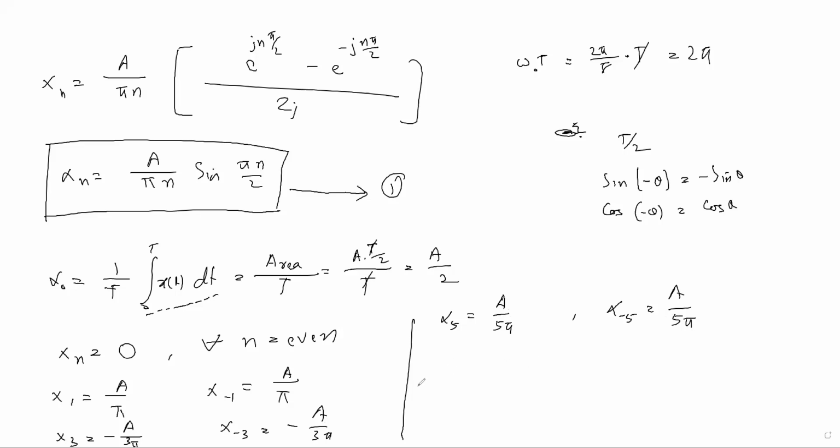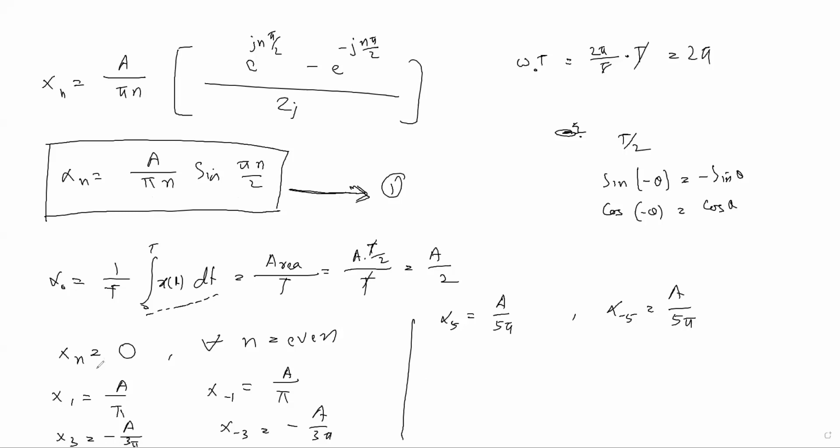Up to here it's completed. Have you completed? I have given all the values. First, I derived the exponential equation using the exponential Fourier series, the equation for xn. Then I found the value of x naught.